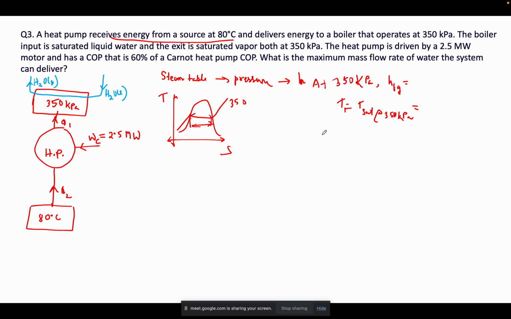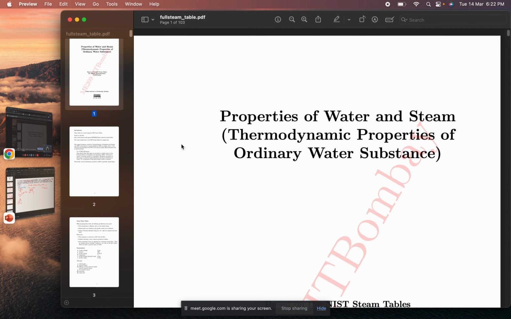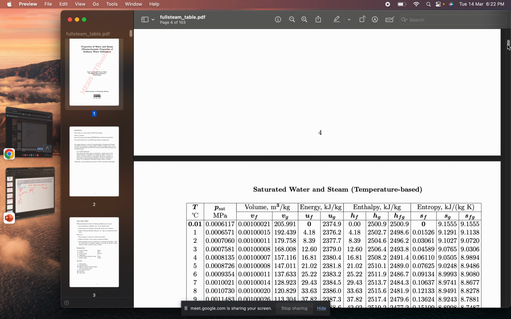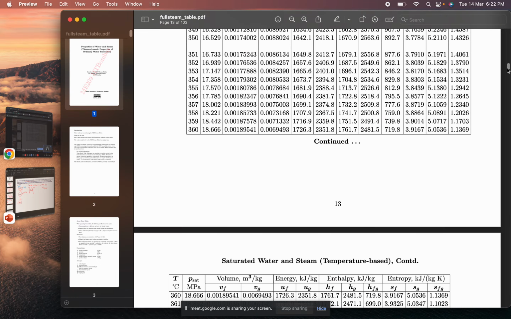So we have to go back to our steam table and look at 350 kilopascal. Remember that this steam table is in megapascal, so we have to look at 0.35 megapascal.